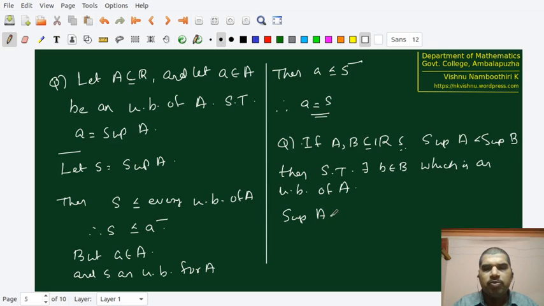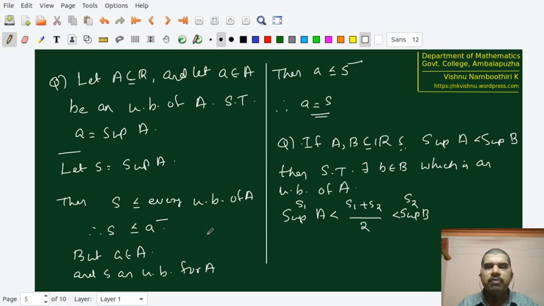So the supremum of A is strictly less than the supremum of B, and in between you can find, suppose that this is S1 and this is S2, the element (S1 plus S2) by 2. This is a very common technique that we use in many problems: find an element between whatever two numbers are given, and make use of that middle element to prove something.